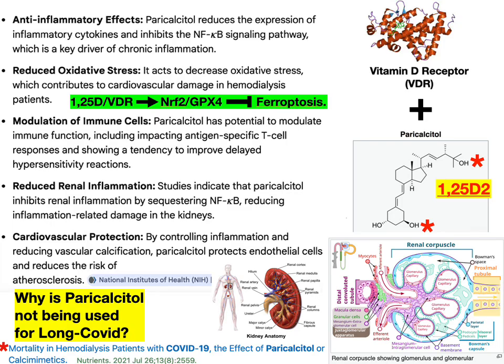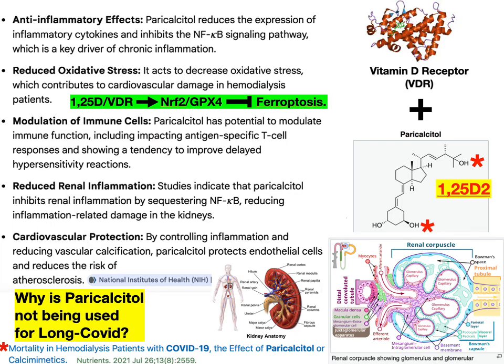This brief discussion of the filtration mechanics and its connection to the tissue structure of the nephron are useful for the upcoming slides, where we will be discussing the impact of COVID and long COVID on the filtration rate of the kidney. Before leaving this slide, it is important to reemphasize that paricalcitol protects endothelial cells.